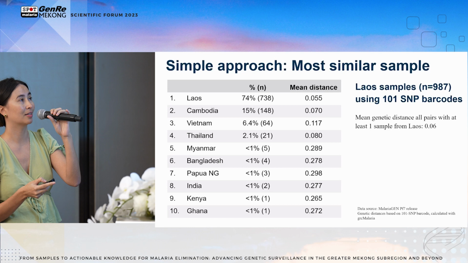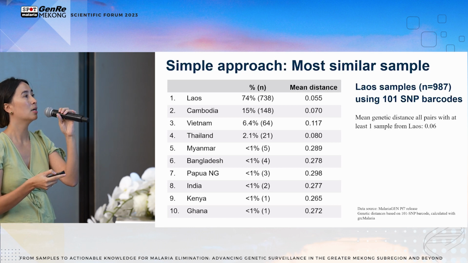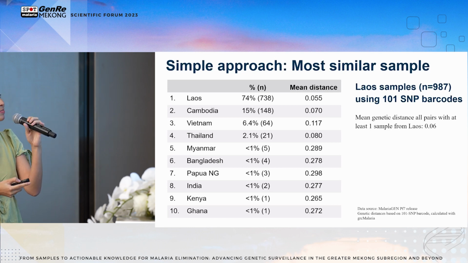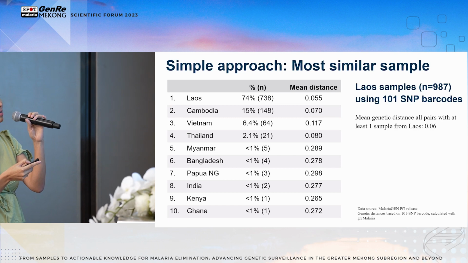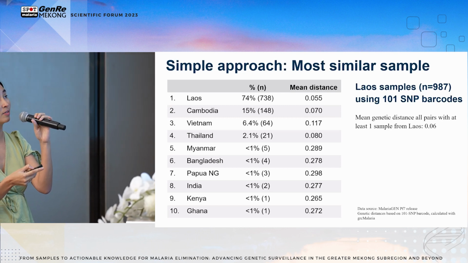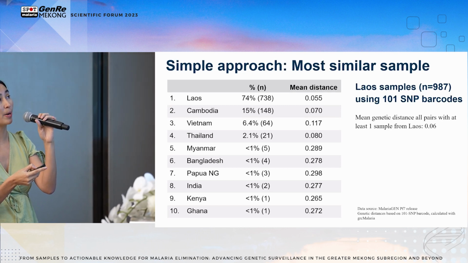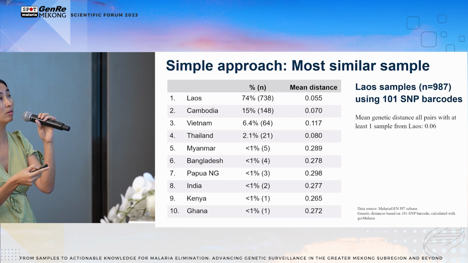So it doesn't say a lot, but they are close to each other. And then when you look at the distribution of the closest sample pairs, you see that 74% had a sample pair made in Laos, and then the top 3 were all GMS.